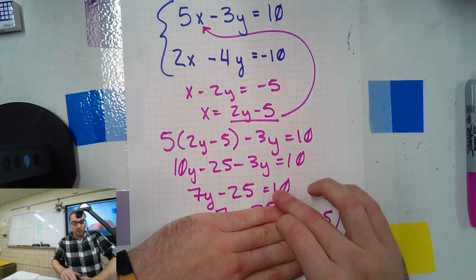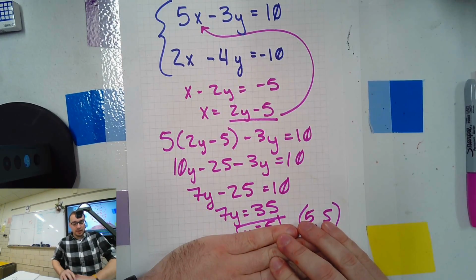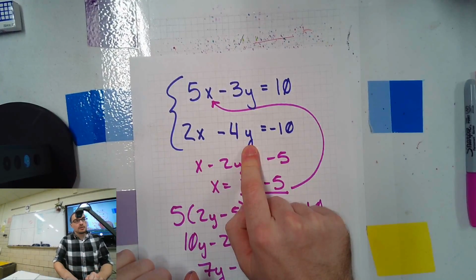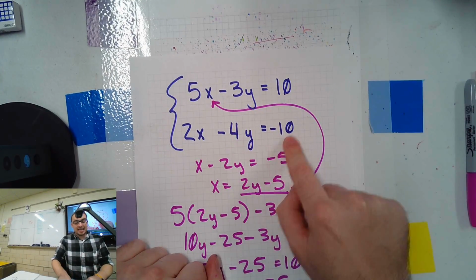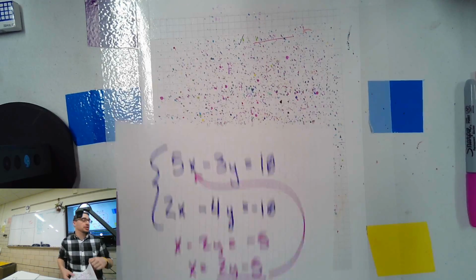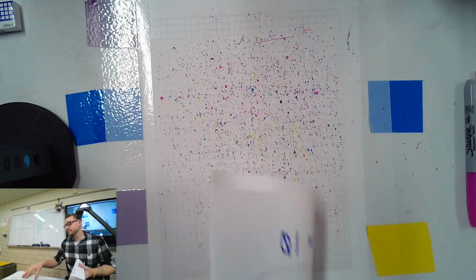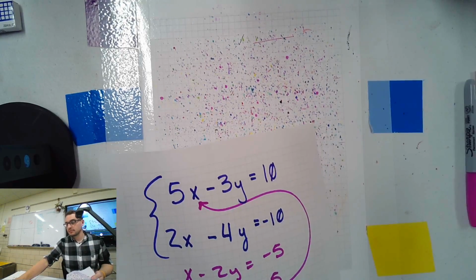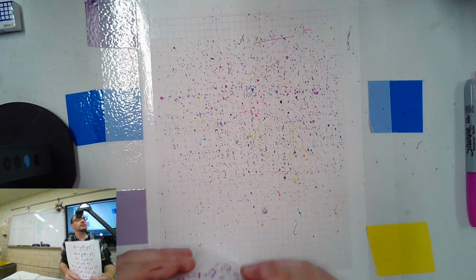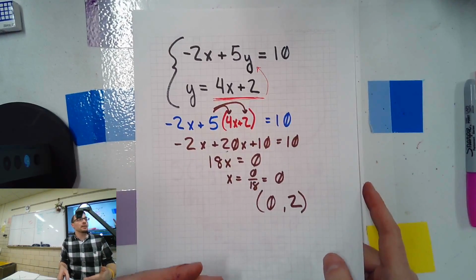Do we get that adding 25 over makes 35? Y equals 5. Plug 5 into any of them. -20, add it. I get positive 10. X must be 5. That's substitution. That's as hard as it gets. So it's only going to get easier from here. I mean, we're learning other stuff, but for that particular type of problem, that's as hard as it gets.